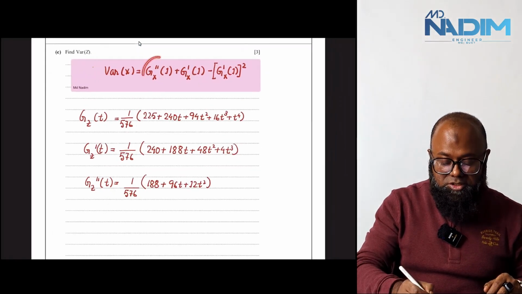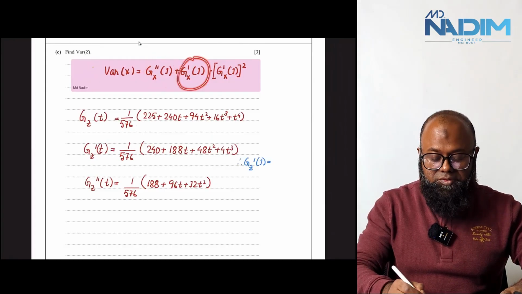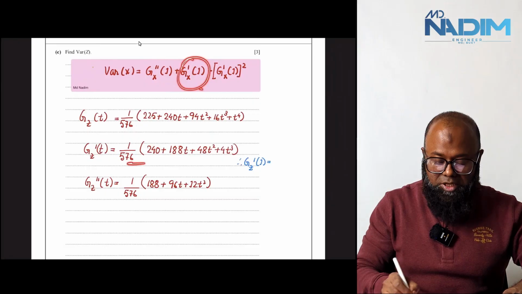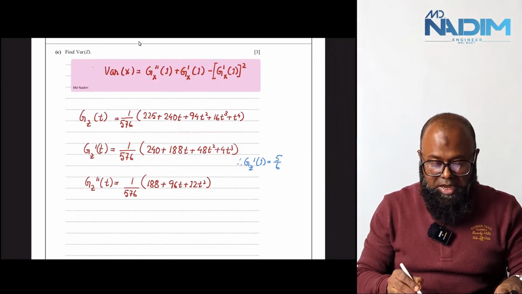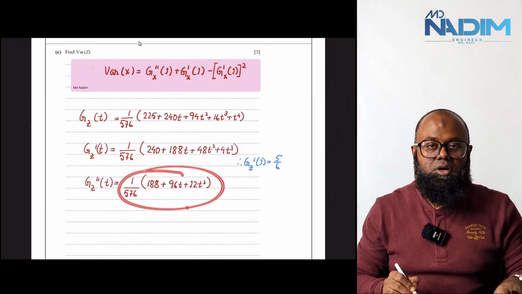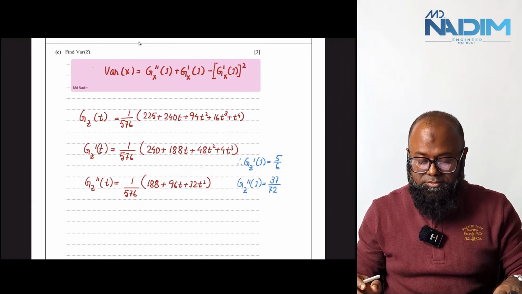Now I can get the second derivative's value at t equal to 1 and the first derivative's value at t equal to 1. If you put the value here, you can use your calculator to get the value. It will come 5/6. And now if you put the value of t equal to 1 here, you will get the second derivative's value at t equal to 1.